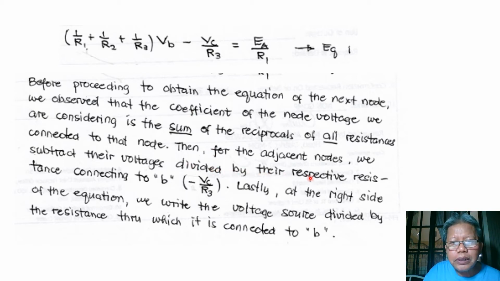Then for the adjacent nodes, we subtract their voltages divided by their respective resistance connecting to B. For example, the neighboring node is C, so we subtract V_C over R3. And lastly, at the right side of the equation, we write the voltage source divided by the resistance through which it is connected to B. So at the right side, we have the voltage source E_A over R1.